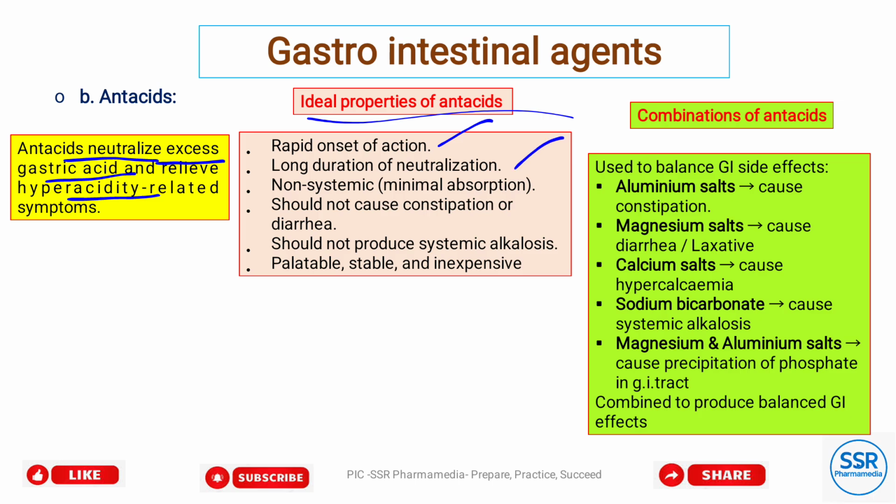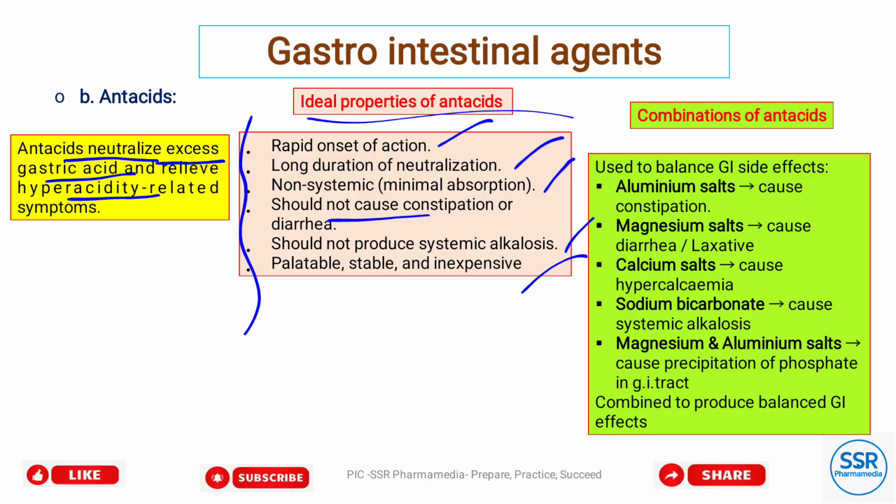It should be non-systemic, should not cause constipation or diarrhea, should not produce systemic alkalosis, and should be palatable, stable, and inexpensive.